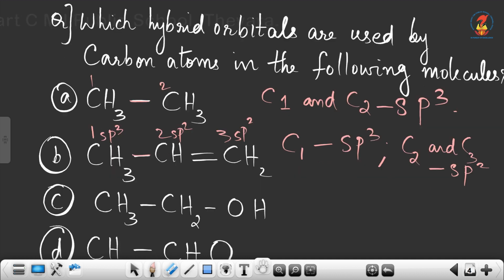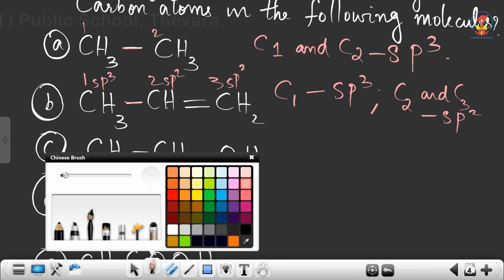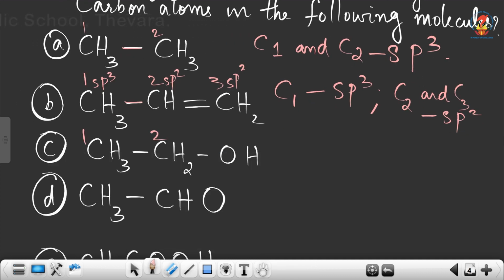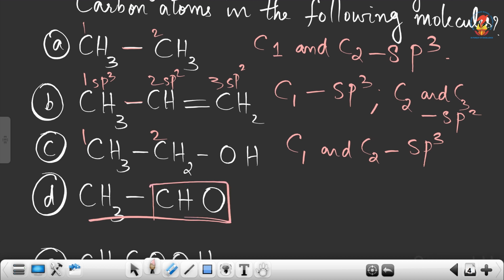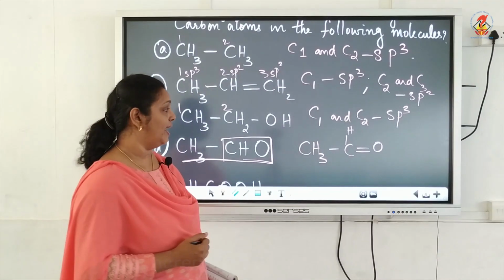Now the next example is CH3CH2OH, carbons 1, 2. Now we have a single bond between the two carbon atoms, so both C1 and C2 will undergo sp3 hybridization. Now the next is CH3CHO. The CHO group is the aldehyde group, and when we draw the complete structure of aldehyde, it is C double bond O. You have learned in class 10 about the structure of aldehyde.